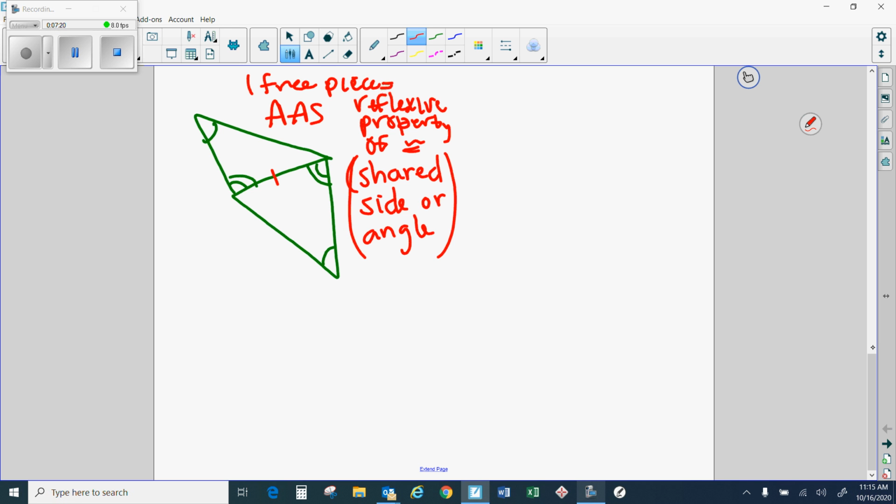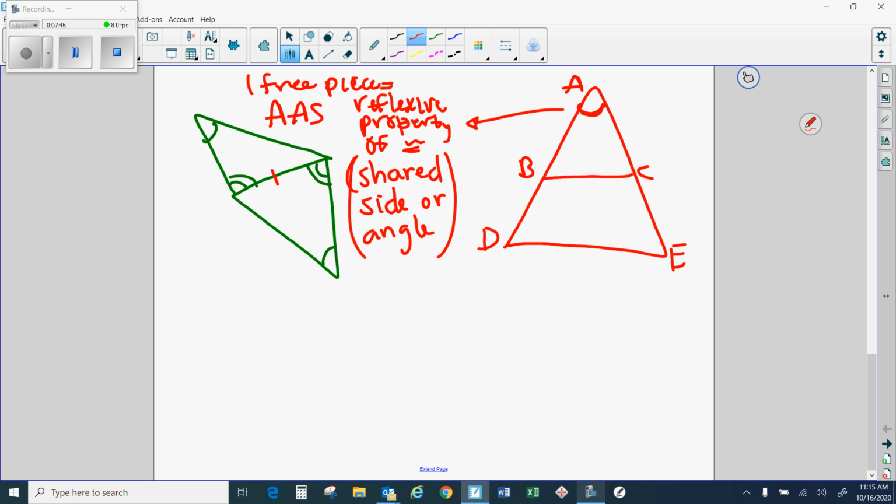An example of a shared angle would be if I have overlapping triangles, for example, those two triangles, A, B, C, D, E. Angle A is in both angle ABC and angle ADE, so this is congruent to itself. So there's also reflexive property. Okay, or I said it could be a shared side or angle. So here's my shared side, and here's my shared angle right there. Okay, just so you know that.